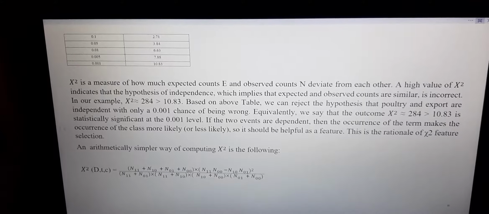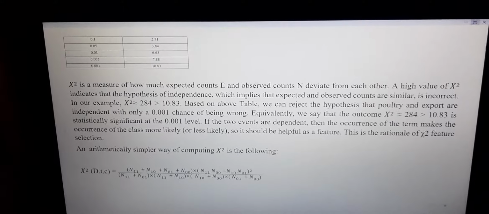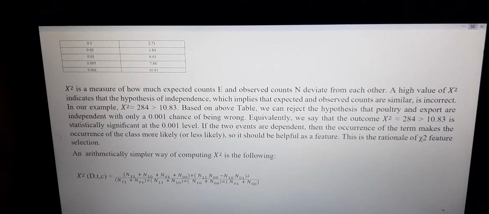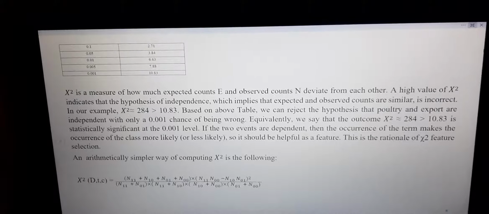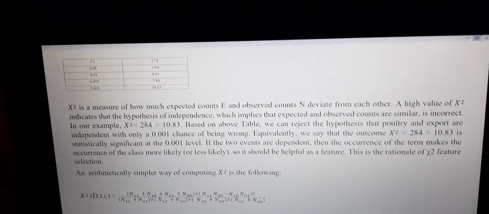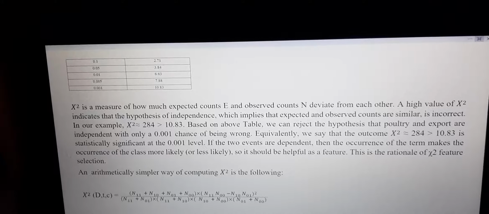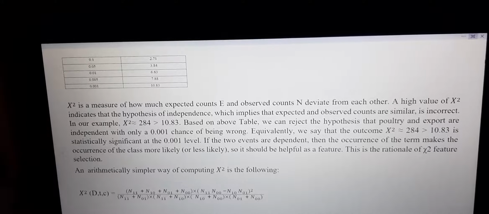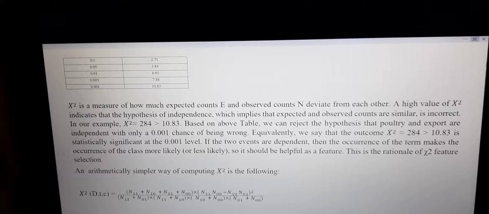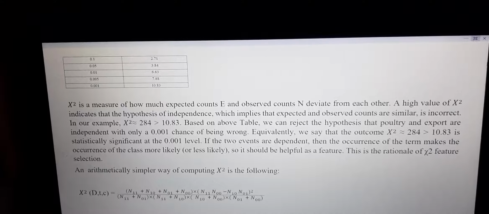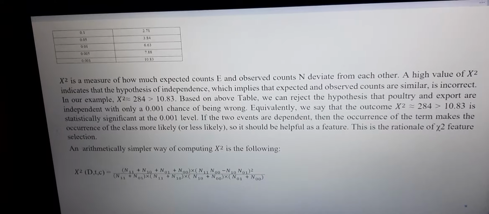Now, X-square is the measure of how much the expected counts E and observed counts N deviate from each other. A high value of X-square indicates that the hypothesis of independence, which implies that expected and observed counts are similar, is incorrect. In our example, X-square is equal to 284, which is greater than 10.83.